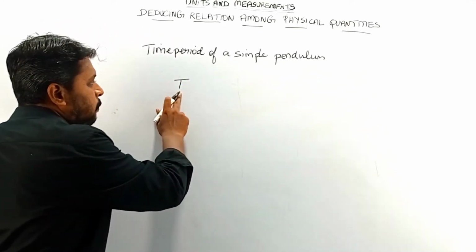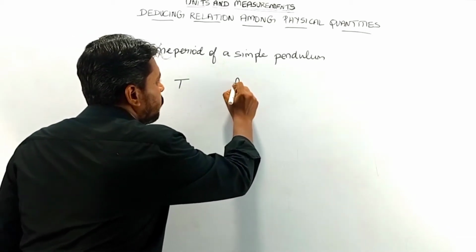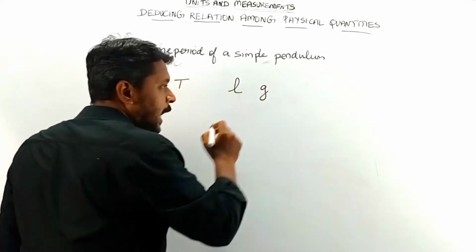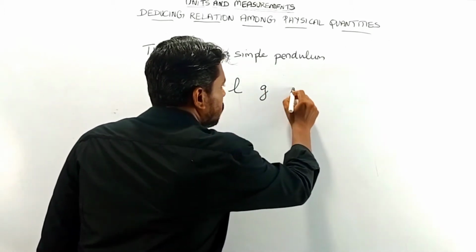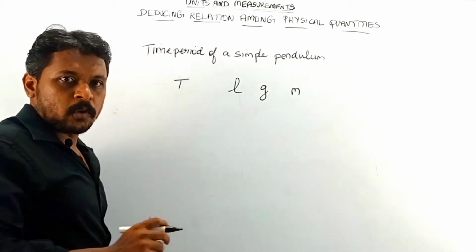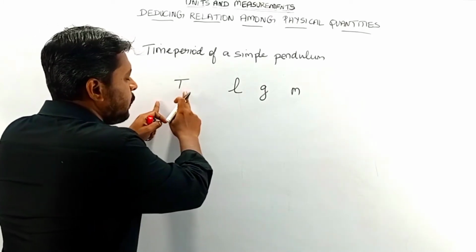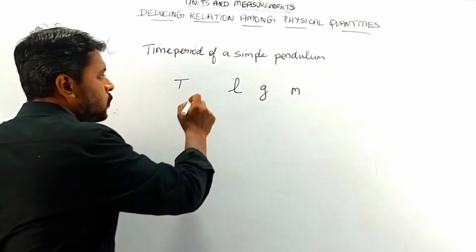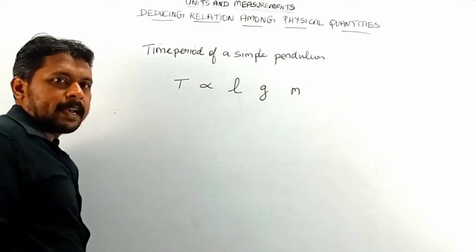This time period depends on variables like the length of the pendulum, the acceleration due to gravity, and also the mass of the bob of the pendulum. So this dependent variable depends on these three independent variables, and I am putting it as directly proportional.